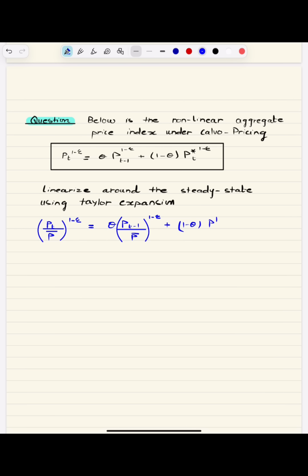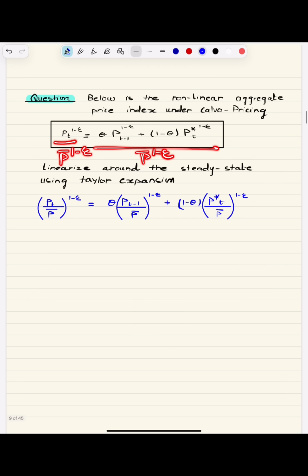So this is P star_t over P-bar to the power 1 minus epsilon. So basically we divide it through by P-bar to the power 1 minus epsilon. Okay, so now let's take the logs. We can use the power law.